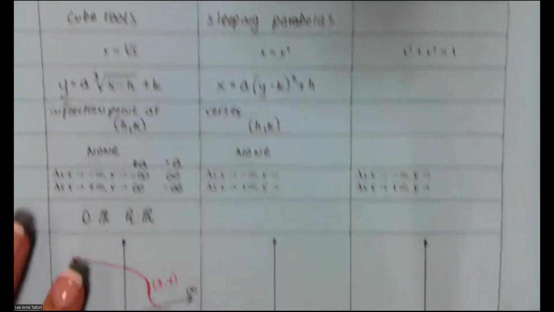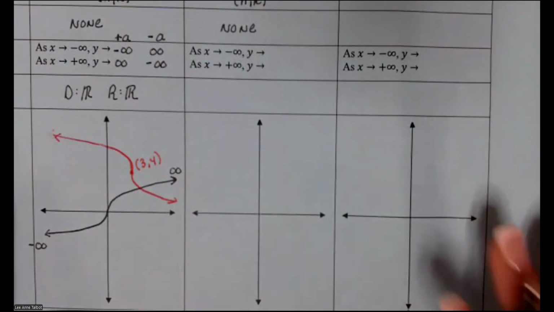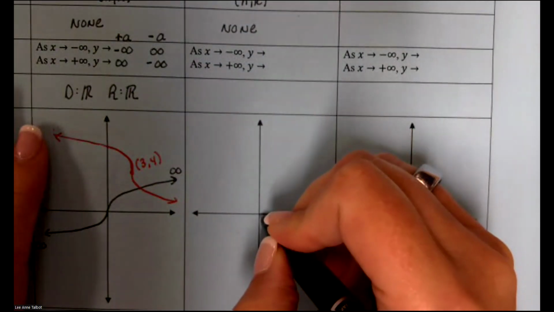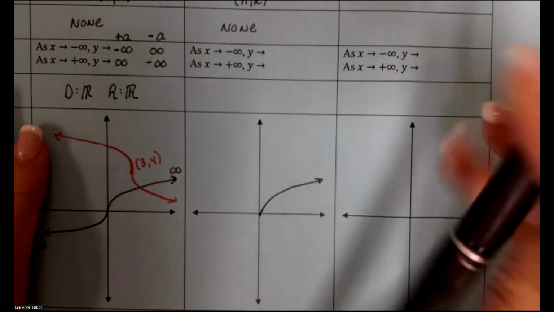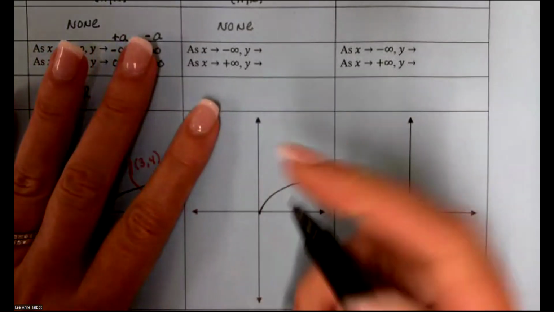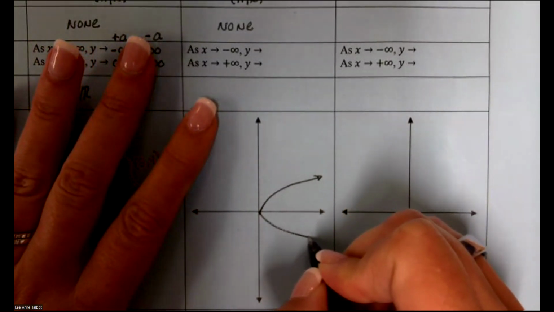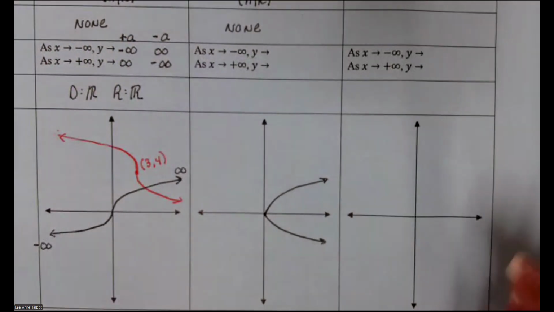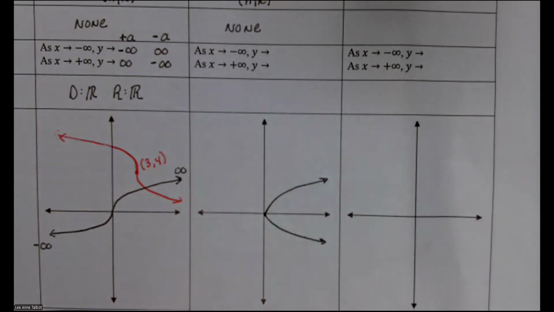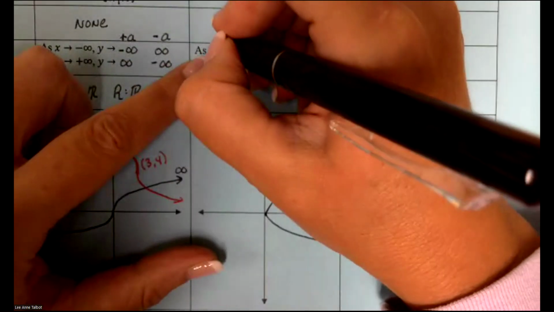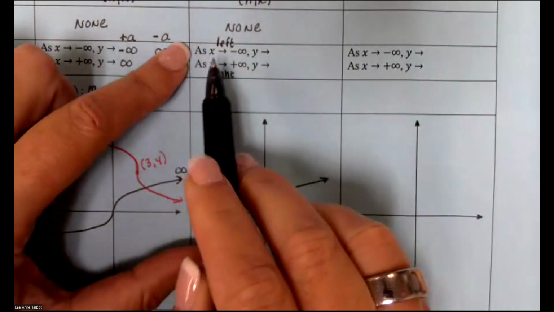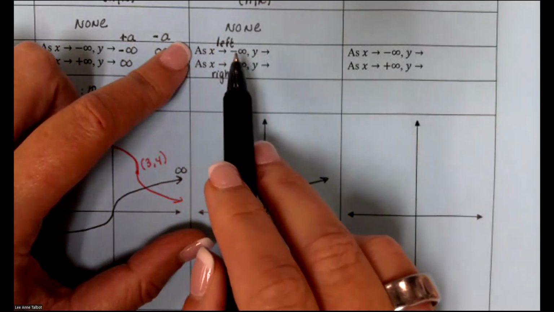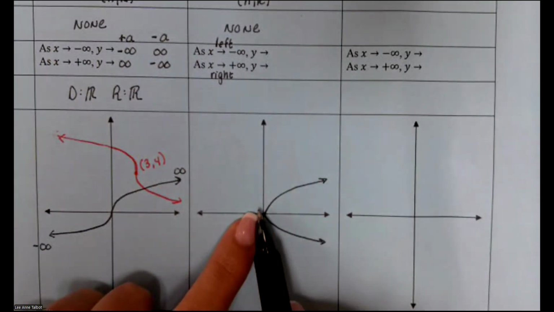Okay, now we're gonna sketch it first and then do the rest of the entries off the sketch. So we sketched it in number 89 and it looks like this. Okay, and just to remind you guys, as x goes to negative infinity is the left arrow.